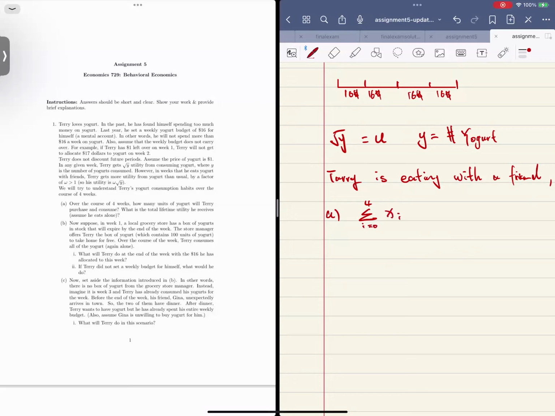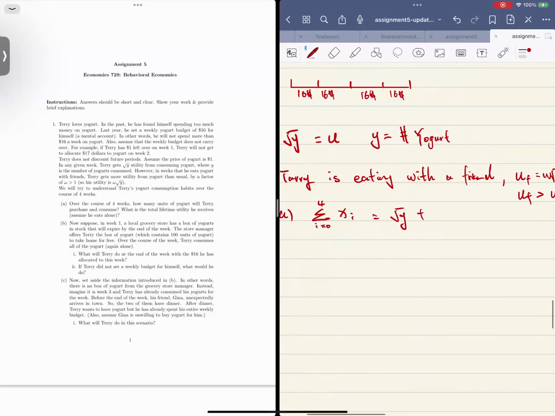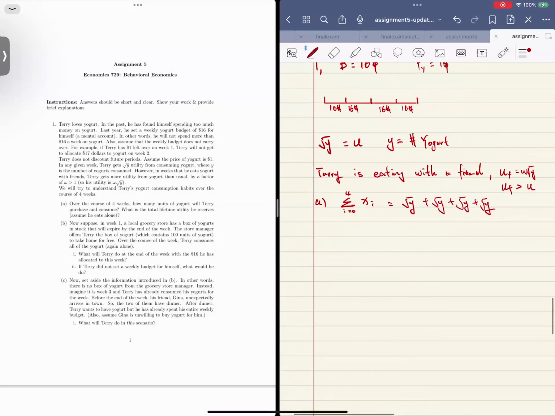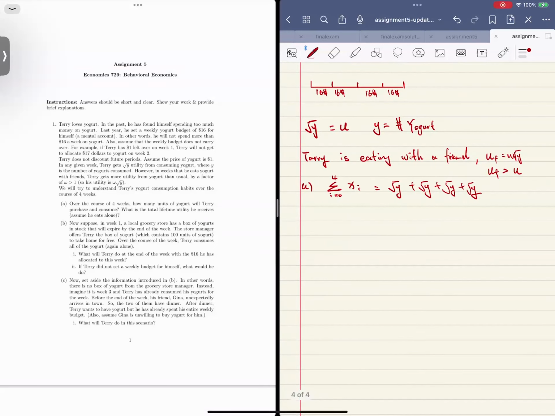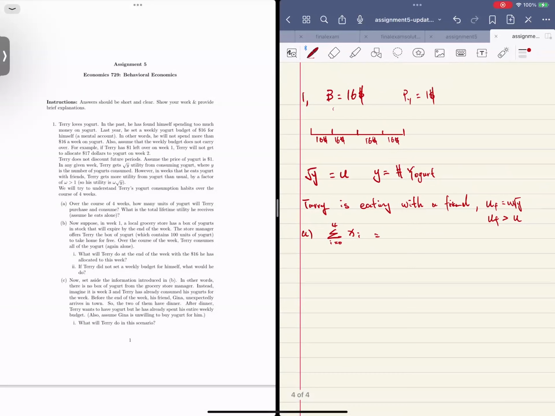In this case it would be square root of Y plus square root of Y plus square root of Y plus square root of Y. So how many yogurts, right? The weekly budget is $16, so it should be 16 plus 16 plus 16 plus 16.